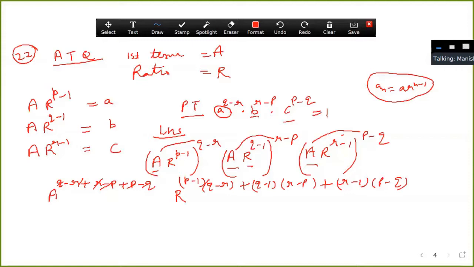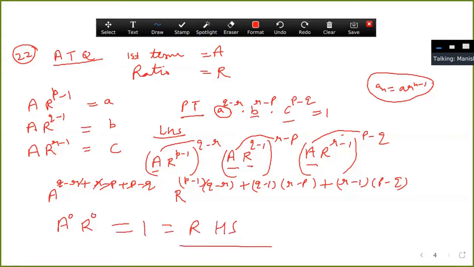Now when you simplify all these powers of R, you will get A to the power 0 and R to the power also 0. Simplify on your own. Multiply these terms and add them, and you will get all terms cancelled. It means A to the power 0 and R to the power 0, which is equal to 1, and this is the right hand side.